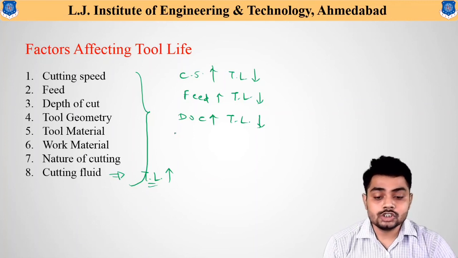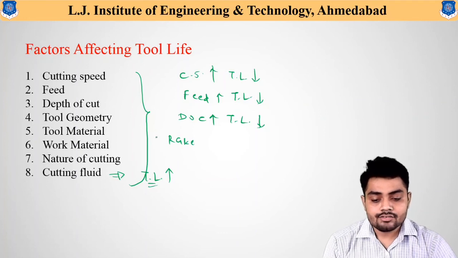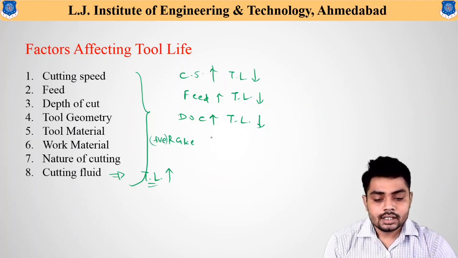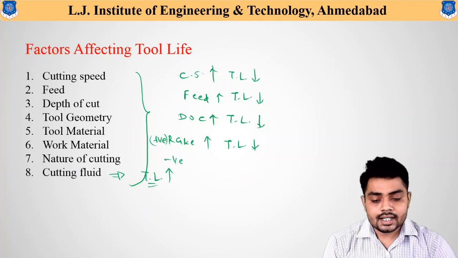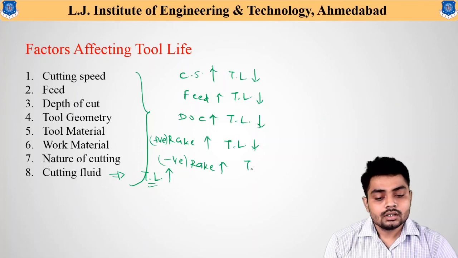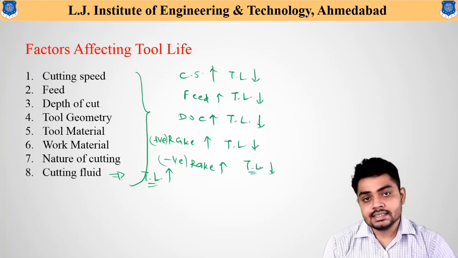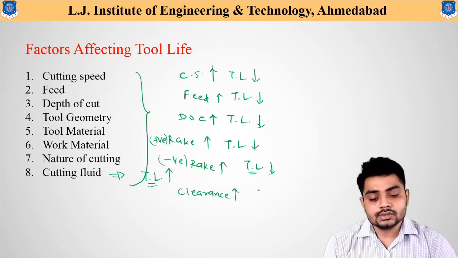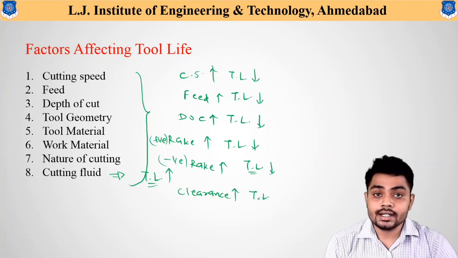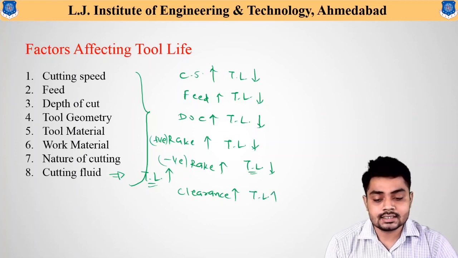Similarly, in the case of tool geometry, if positive rake angle increases, then tool life decreases, and if negative rake angle increases, then tool life decreases. Similarly, the clearance angle provision is important as it helps to remove the material. So that means if clearance angle is provided, tool life will increase.